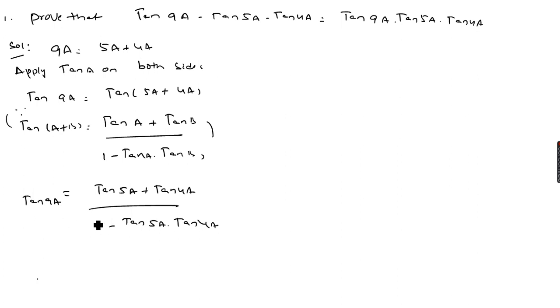The division is converted to this side. We get that tan 9a into 1 minus tan 5a into tan 4a is equal to tan of 5a plus tan of 4a.